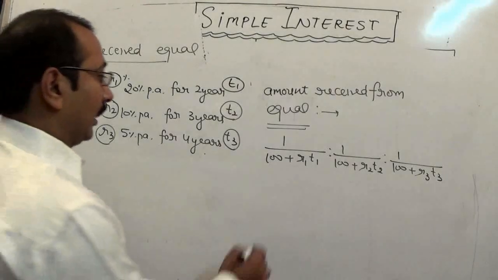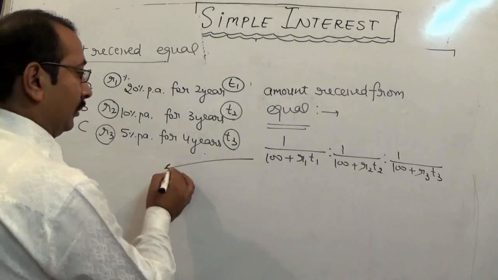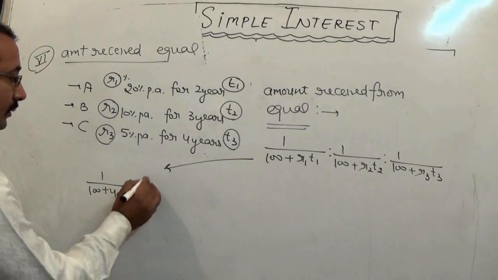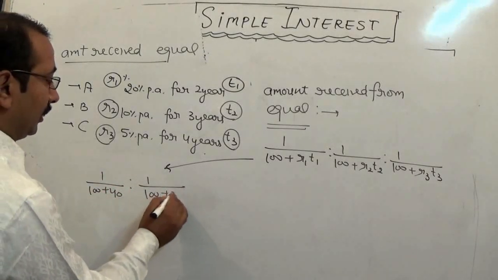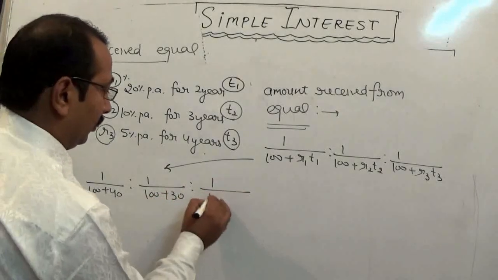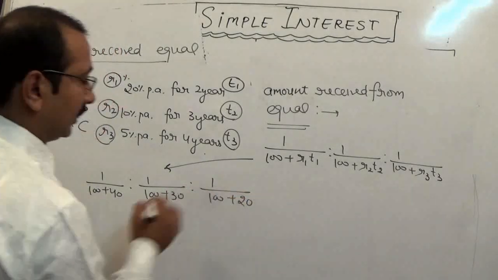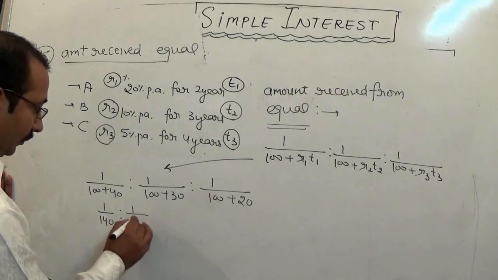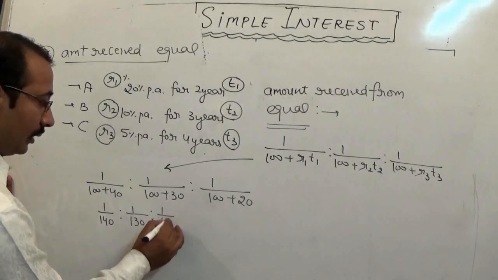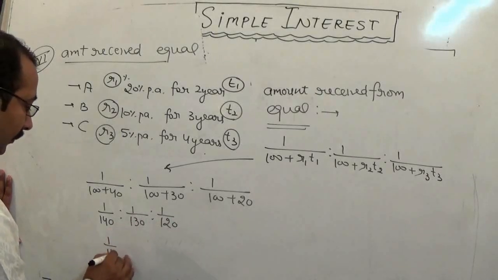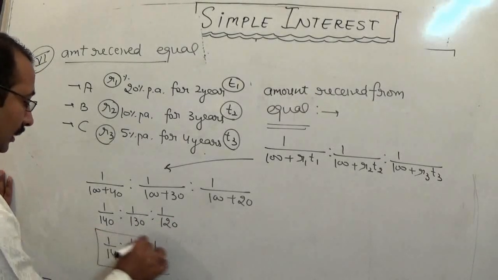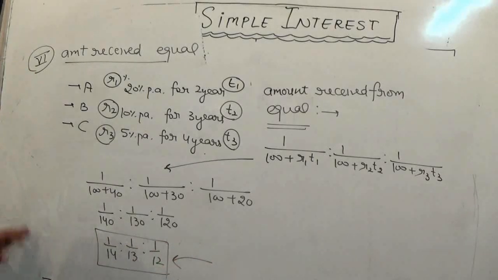When I go with this, I can say 1 upon 100 plus 40 in the first instance, 1 upon 100 plus 30 in the second instance, 1 upon 100 plus 20 in the third instance, or 1 upon 140, 1 upon 130, 1 upon 120, or 1 upon 14 ratio 1 upon 13 ratio 1 upon 12. That is the ratio in which he had given money to A, B, C.